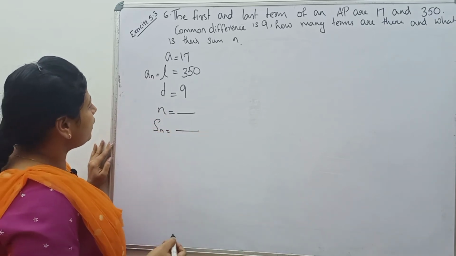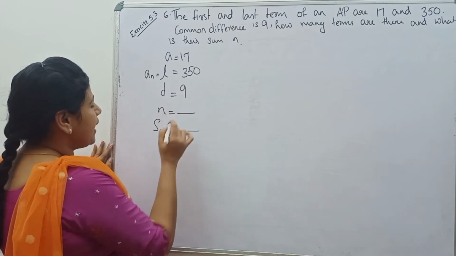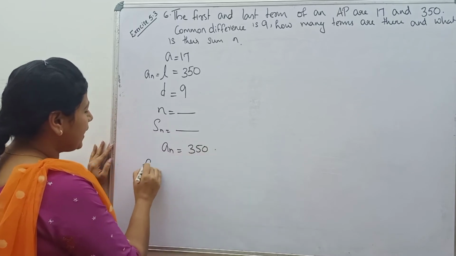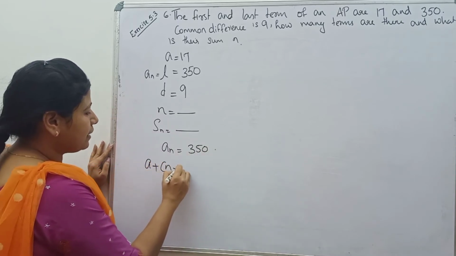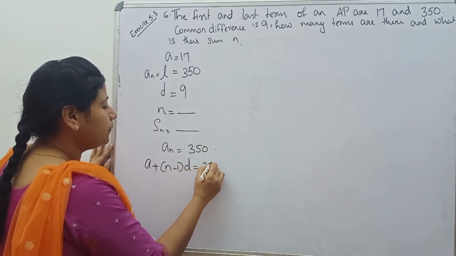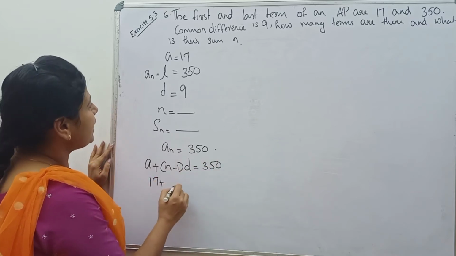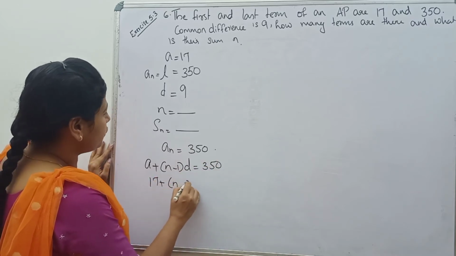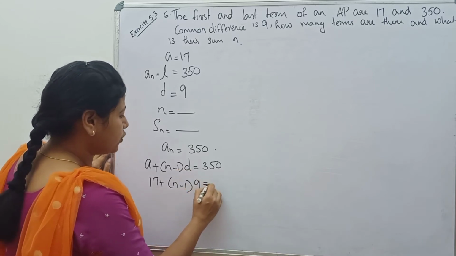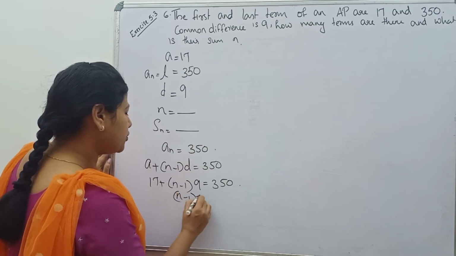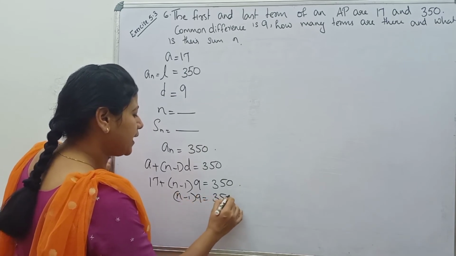So first we will find out this an equal to 350. That means a plus, the formula is a plus n minus 1 into d equal to 350. In this a is 17 plus n we don't know, so n minus 1 into common difference is 9, which is equal to 350. Okay. So n minus 1 into 9 equal to, here 350 is there.